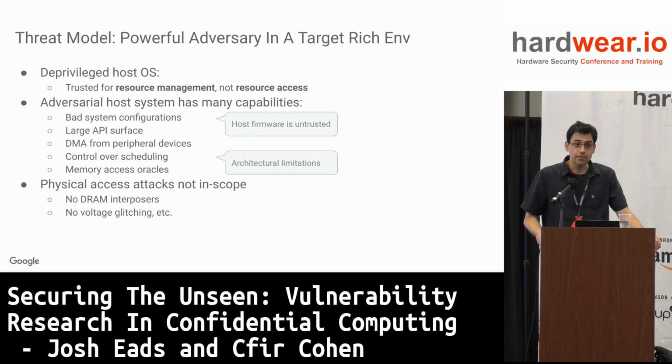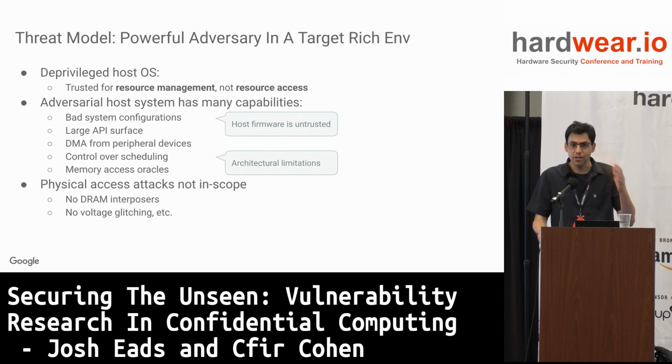And the adversarial model here is that the host operating system is a very powerful adversary, because when you think about it, there are many components on the host that could be tampered with and controlled by an untrusted adversary. That includes the host firmware, which is by definition not trusted in confidential computing.